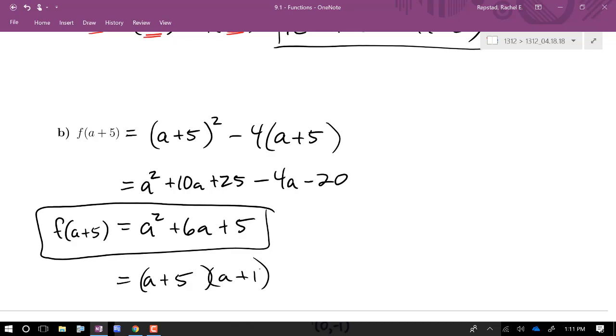Sometimes there are reasons why we might want to factor. For example, if I encountered a problem that says, here's this function f of x, tell me where f of a plus 5 is equal to 0, then it's really in our best interest to factor because it's easy to tell where this is equal to 0 as well. Other questions?